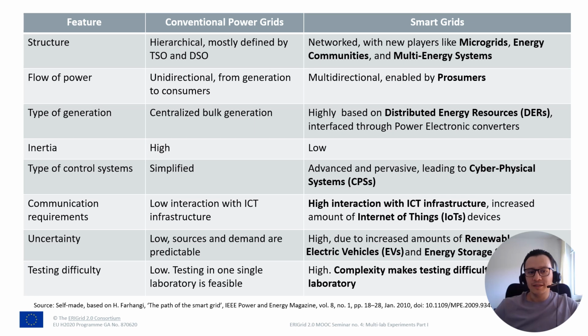So this final row of the table concludes in regards to the testing difficulty, that in the case of conventional power grids it is going to be low, and the testing of new applications can be easily done in one single laboratory. But in the case of smart grids, because of all these new elements that we have highlighted, the complexity is much more difficult to handle in a single laboratory.